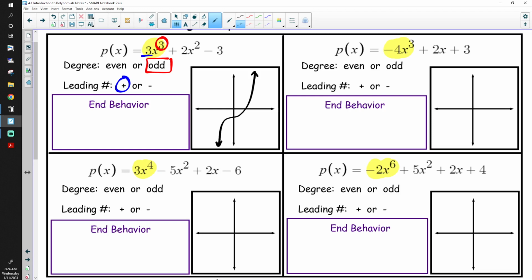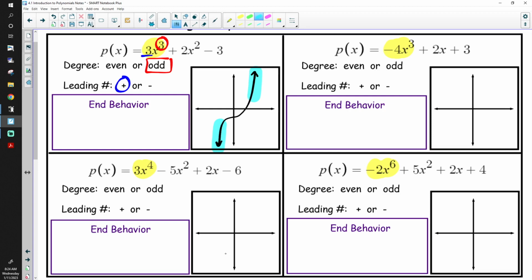So what's important is we do not care what the graph is doing in the middle. We only care what the ends of it are doing, because we're doing end behavior. So we're looking at this end and this end. We don't care what's happening in the middle. You're just looking at what the left side does, what the right side does.